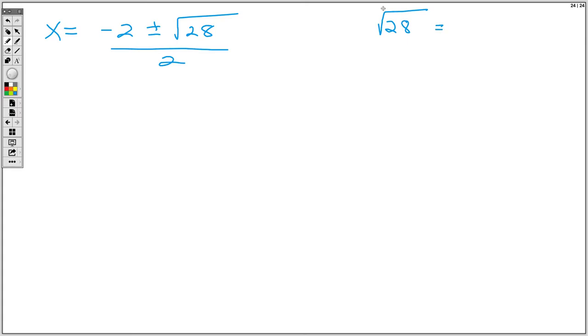So when you look at the square root of 28, you ask yourself, are there any nice perfect squares in there as factors? And the answer is yeah. 4 times 7, and 4 is a perfect square. So we can use properties of radicals. Square root of 4 is 2. So that simplifies the radical correctly for us.